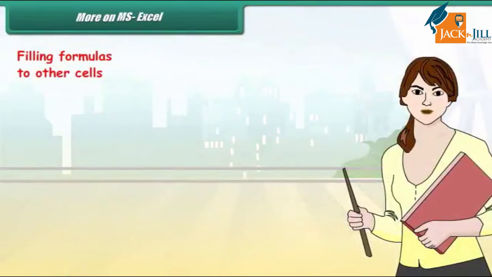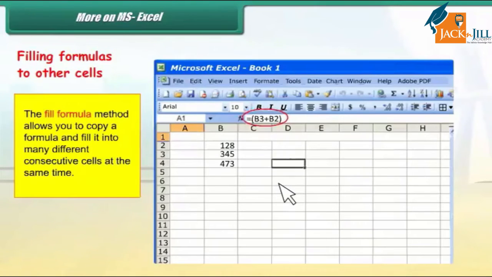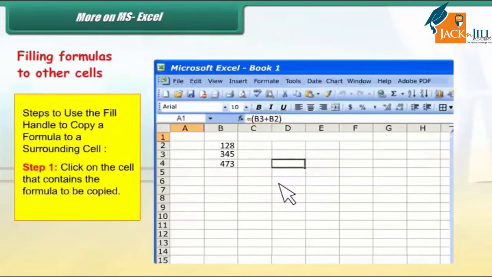Filling formulas to other cells. The fill formula method allows you to copy a formula and fill it into many different consecutive cells at the same time. Steps to use the fill handle to copy a formula to a surrounding cell. Step 1.